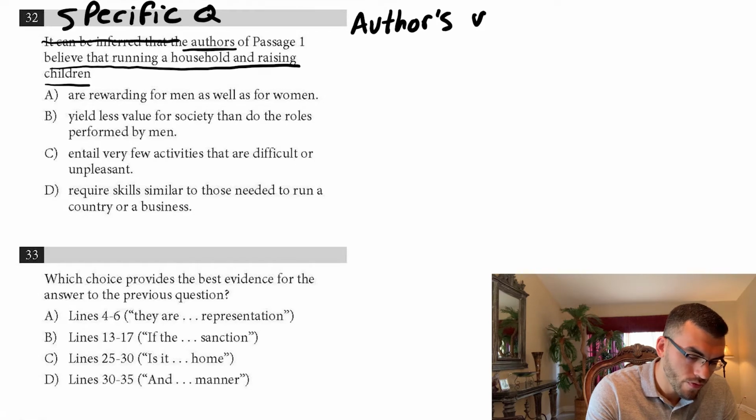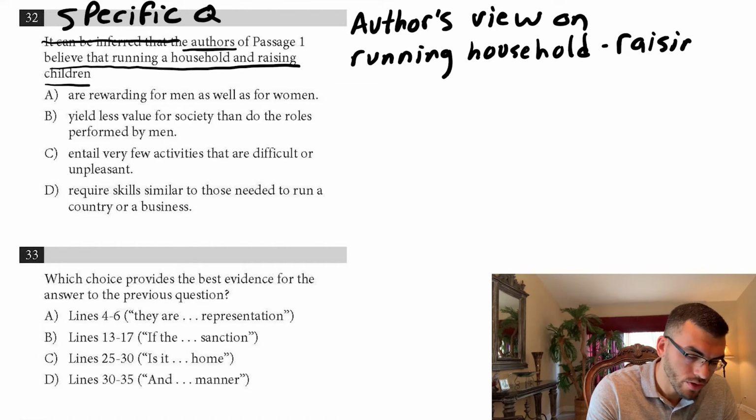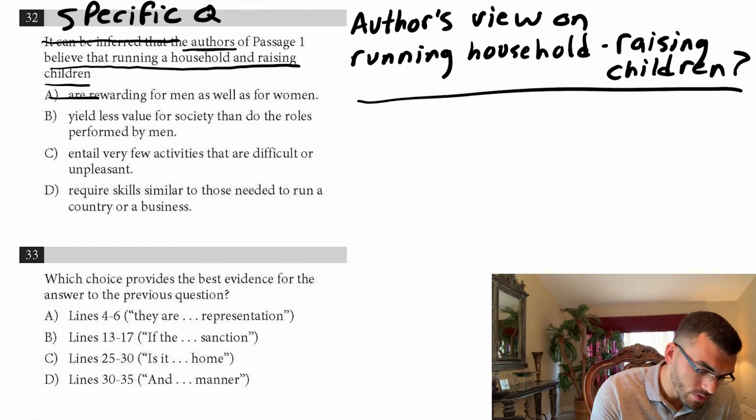Author's view on running a household, raising children. Okay, we got the question in our mind. What's the next thing that we do? We cover the answer choices. So let's cross those off.